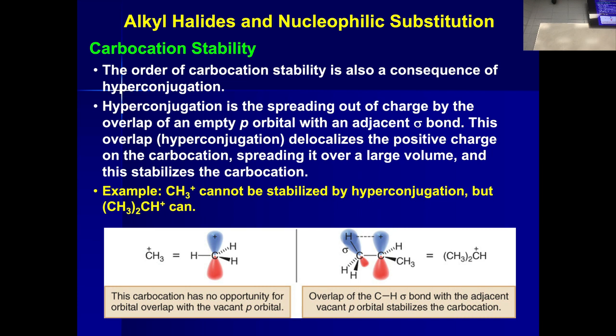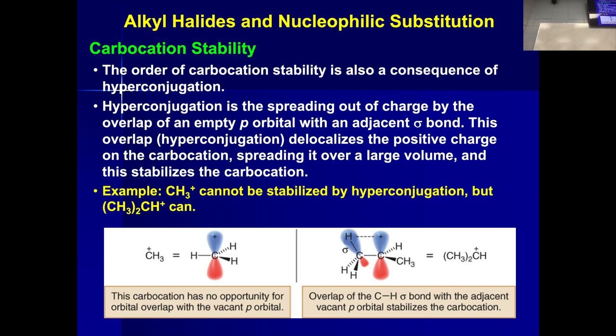But essentially what can happen is some of the electron density from this bond can find its way to the carbocation. And if I take electrons and I put them in something positively charged, is that a good thing or a bad thing? It's a good thing. It lowers the energy. Now imagine I've got 2 things around it. That can happen more. If I have 3 things around it, that can happen even more. Right?